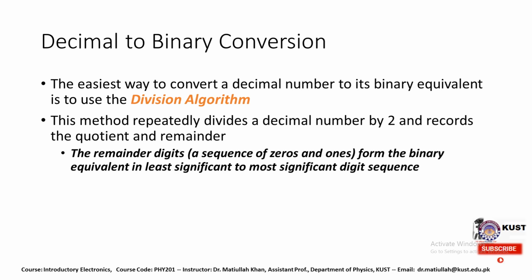The remainder digits, a sequence of zeros and ones, form the binary equivalent. We move from the least significant digit toward the most significant digit, and that will form the binary equivalent of that particular decimal value.